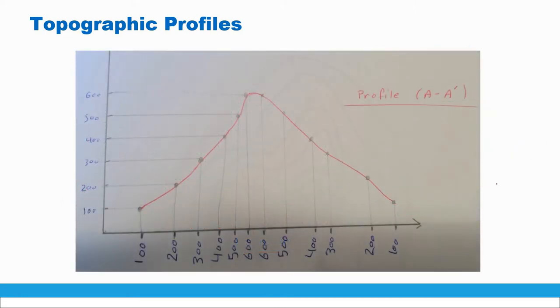This is the same drawing that I have done, using the same scale for the elevation, which is 1 to 10,000. And here of course we have the distance along line AA prime in meters, and the elevation in meters.